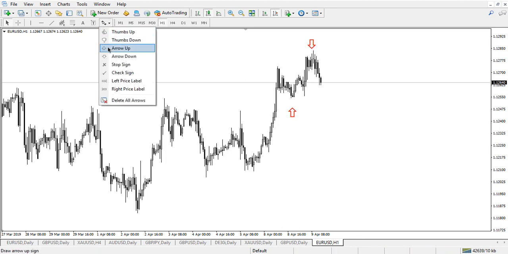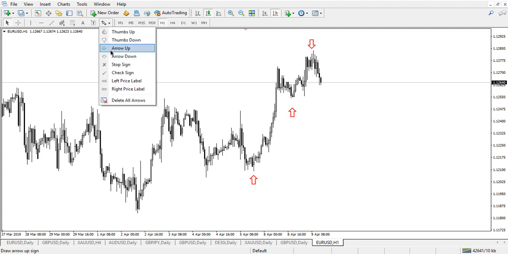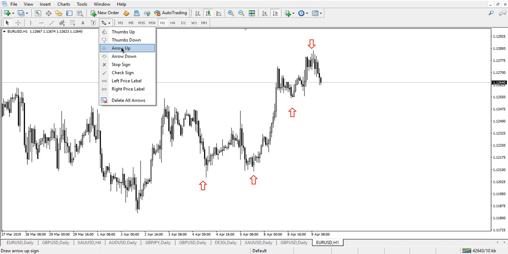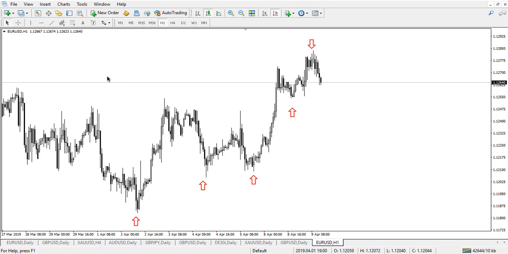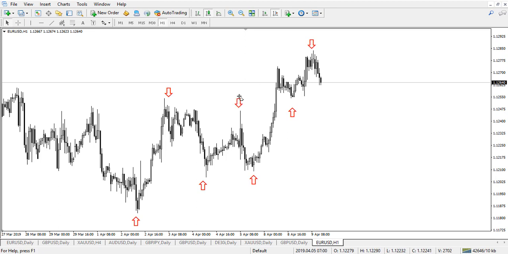This is another trough. This is another trough. This is also a trough or a low. This is a peak. This is also a peak, and so on. So just imagine that there is a V shape or an inverted V shape. This way you are able to identify peaks and troughs easily.